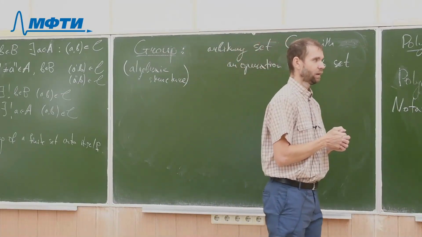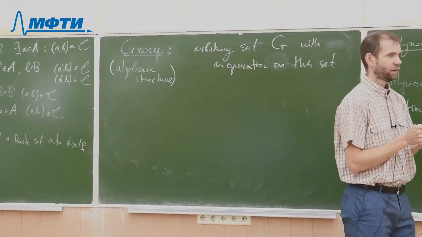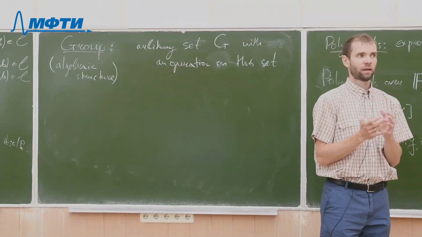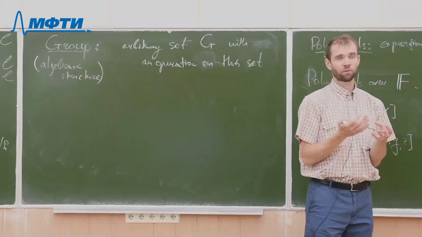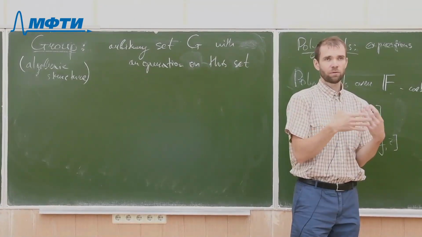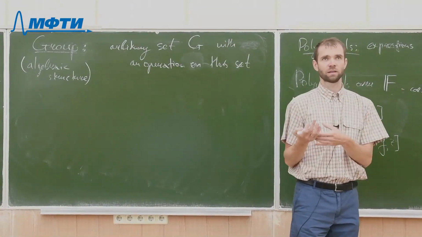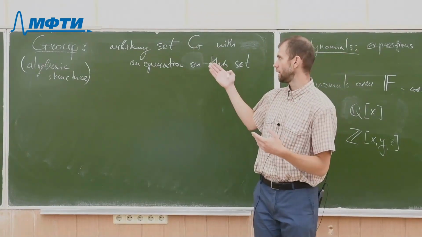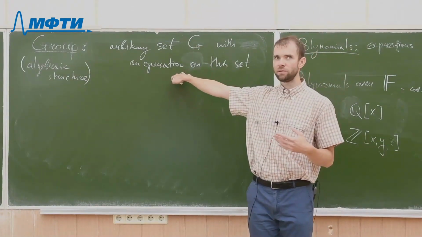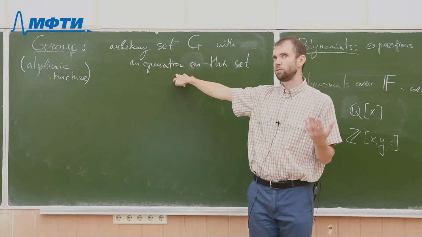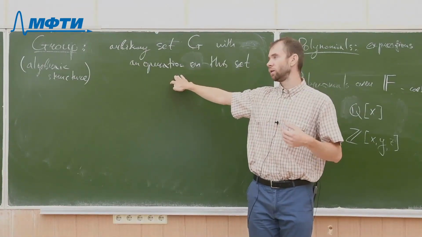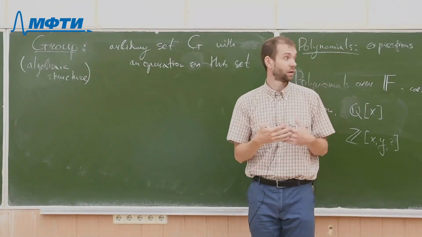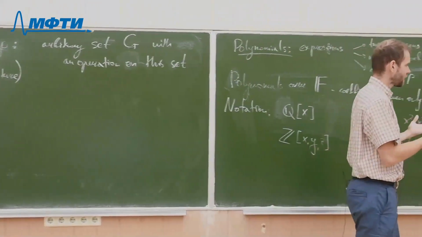This is essentially a mapping that allows you to take an object or several objects from a set and compute some new object from the same set. So in our terms, an operation is really a mapping from, well, maybe the Cartesian square of a set onto itself, etc. So this is an operation.